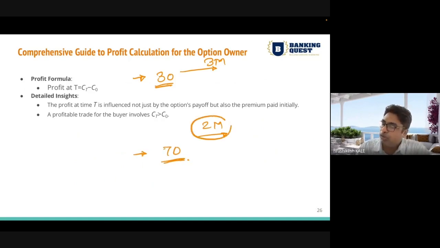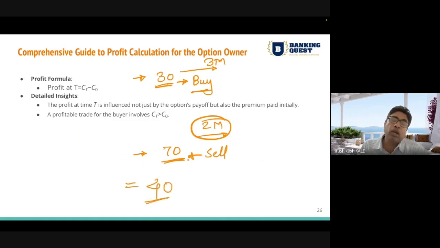You feel you have achieved your target. So you have purchased the option at 30. You can just take an opposite position and sell it at 70, making a profit of 40 per lot.